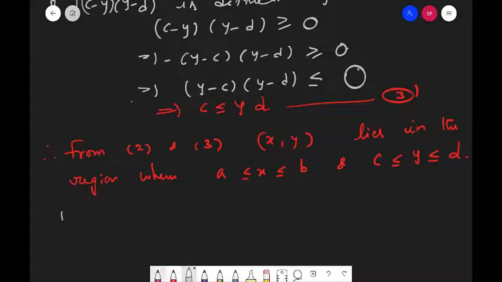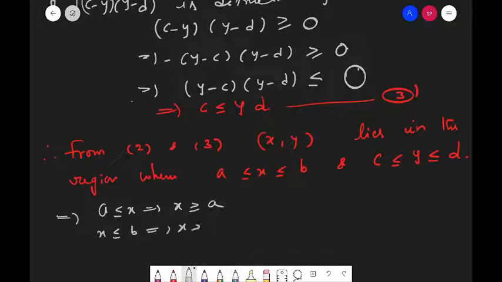This implies a less than or equal to x, so x is greater than or equal to a, and x is less than or equal to b.